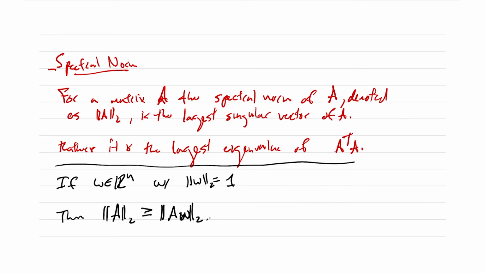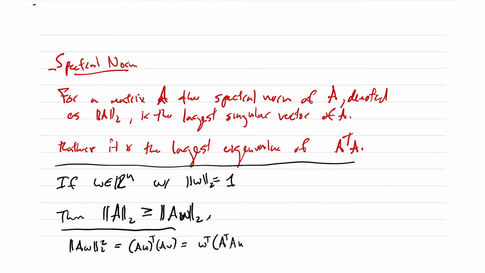So what we're going to basically show is this. We can say the norm of A times W, squared. That's the same as AW dot product with itself, which can be written as (AW) transpose times AW, and this is the same as W transpose times A transpose A W. I can put this in absolute value, since it's a positive real number.